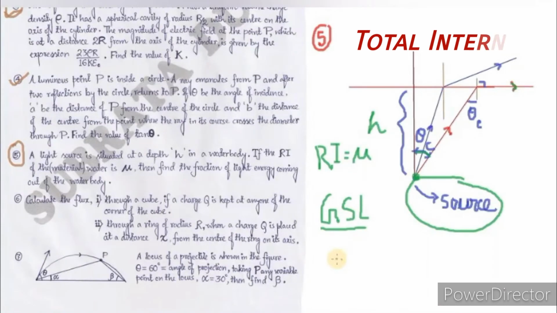So the blue light indicates the proper normal reflection, but the red light ray indicates the critical angle, beyond which there will be total internal reflection. So light will go out of the water body up to the red light ray.